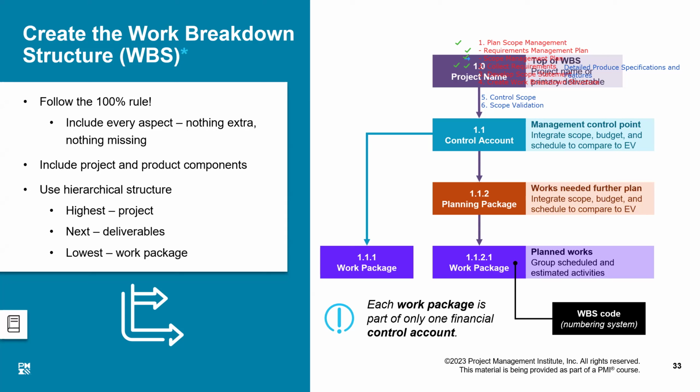Under the control account, we could have either work packages or planning packages, and they will have the same scheme of numbering. For example, 1.1.1 is a work package, 1.1.2 is a planning package, maybe 1.1.3 is another work package, 1.1.4 is another work package, and so on and so forth.